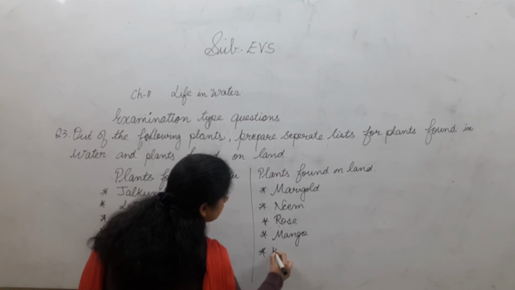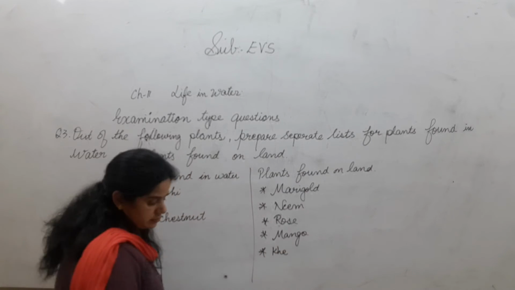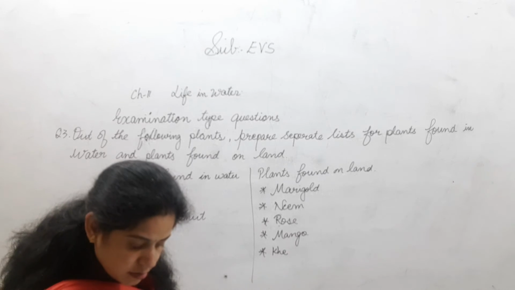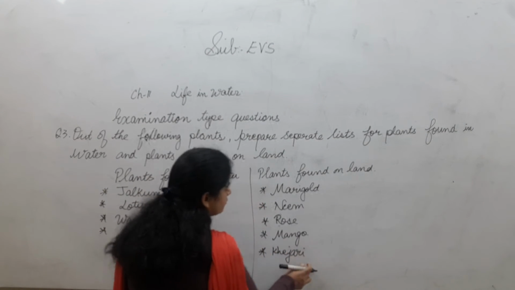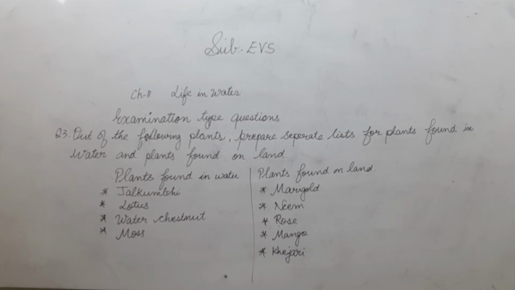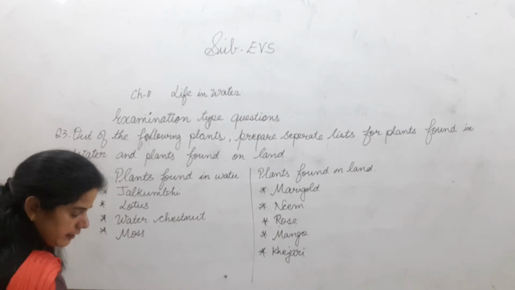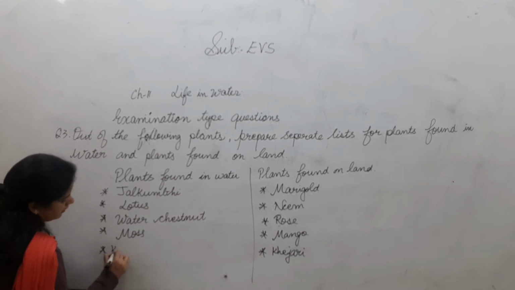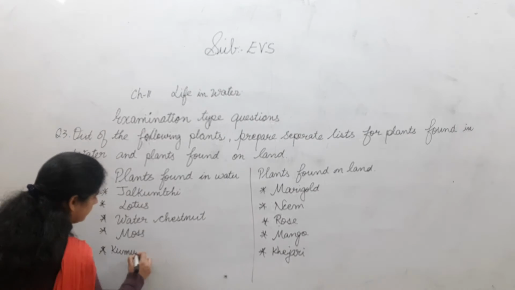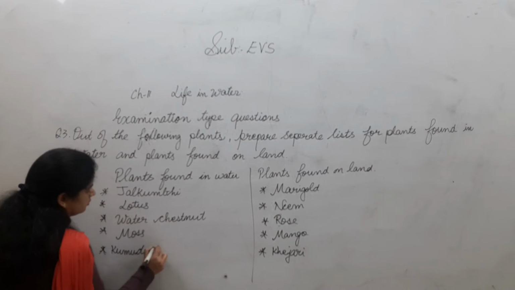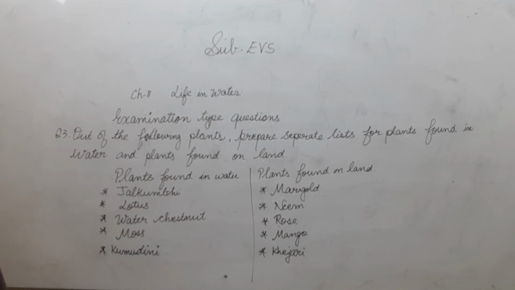This is your state tree of Rajasthan. Okay, and next is Kumudini. So these are the plants found in water and found on land.